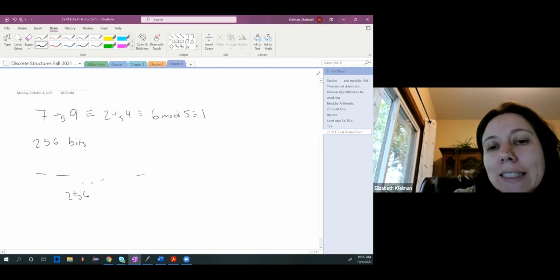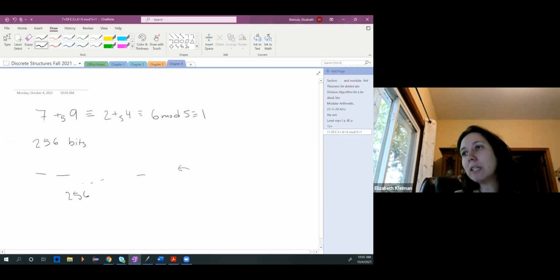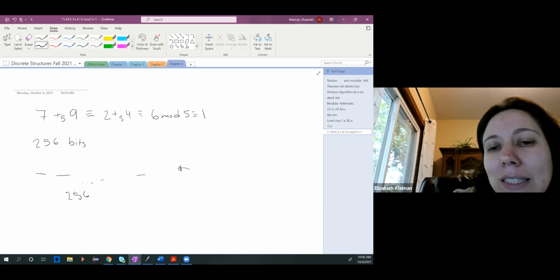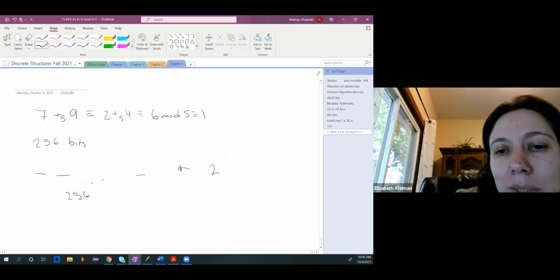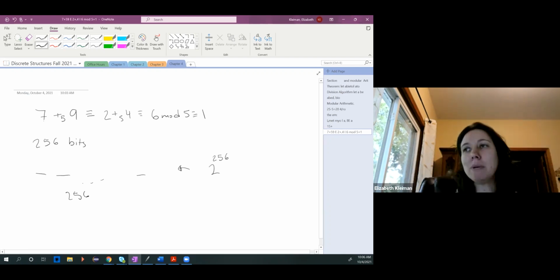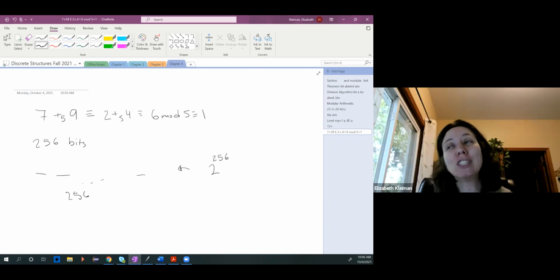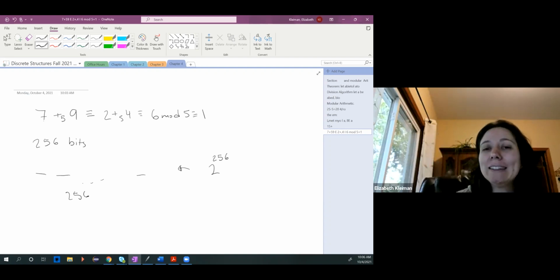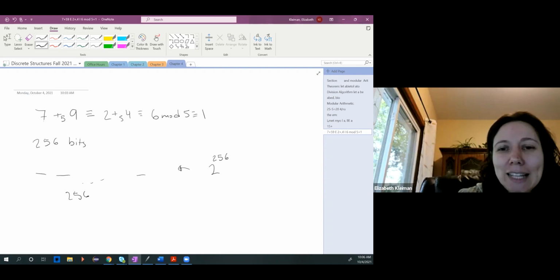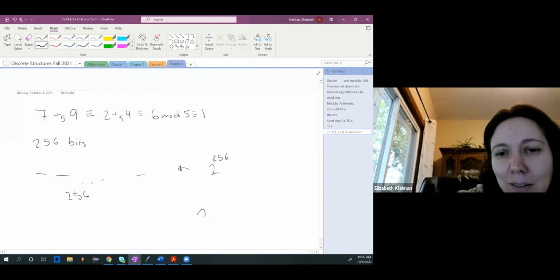So the largest number I can store in this amount of space is where I have ones everywhere, correct? So pretty much the largest number is going to be this. This is the largest number I can put into a computer for a traditional integer in Java.